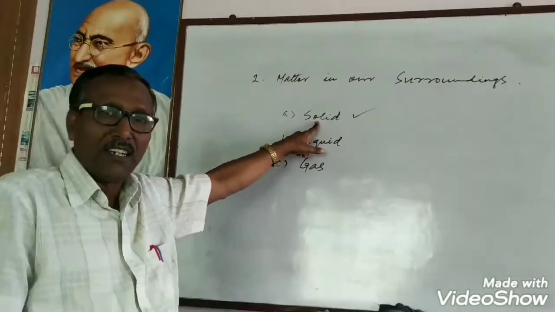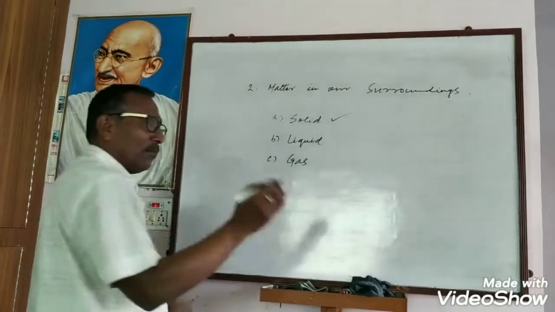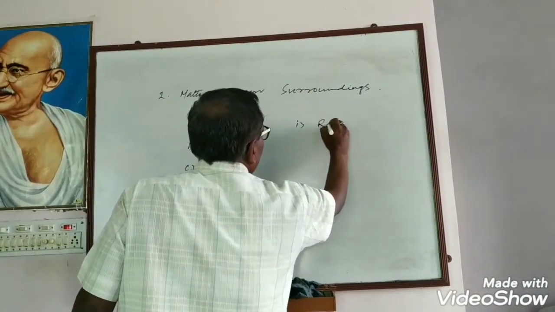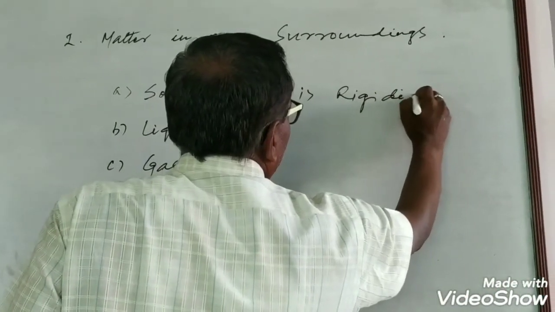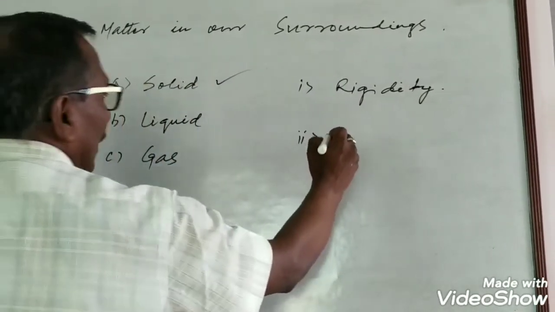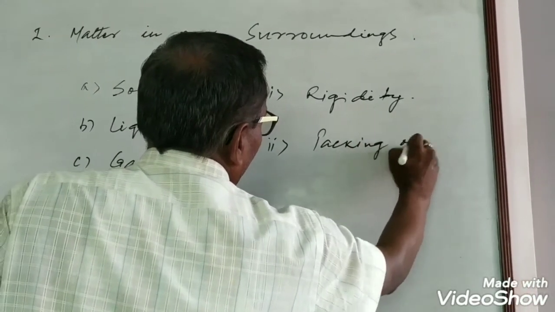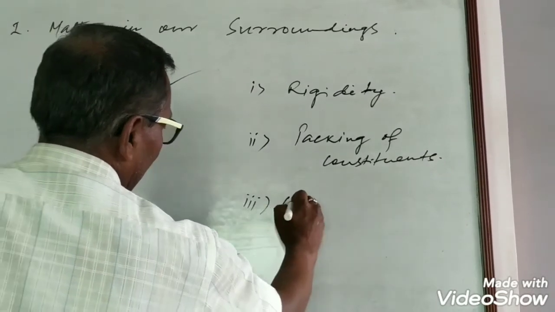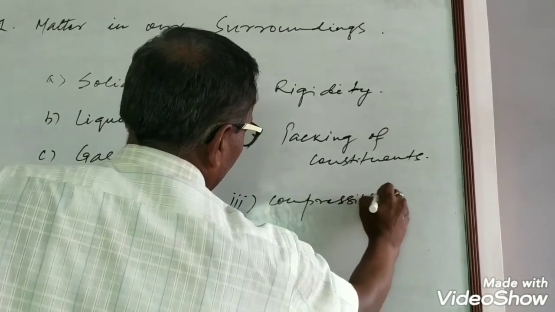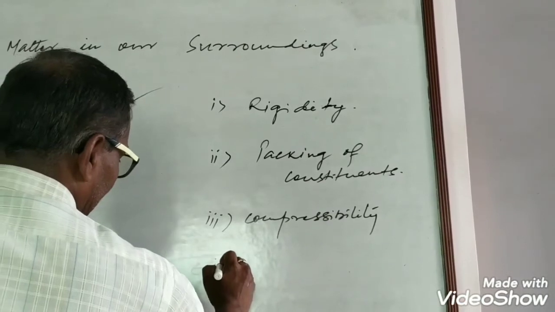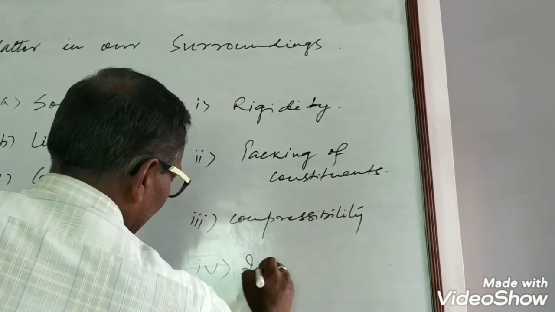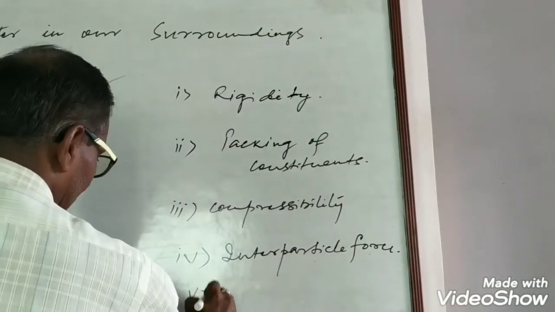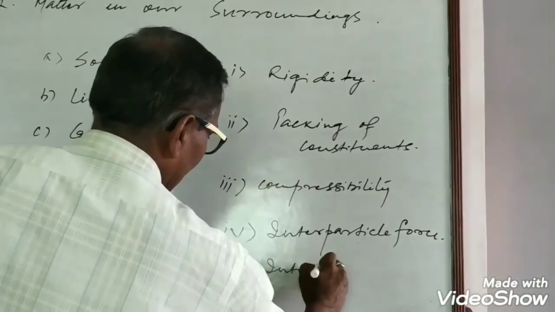How a matter is regarded as solid, for that the characteristics of the matter like rigidity, packing of constituents, compressibility, number 4, interparticle force, and number 5, interparticle space.